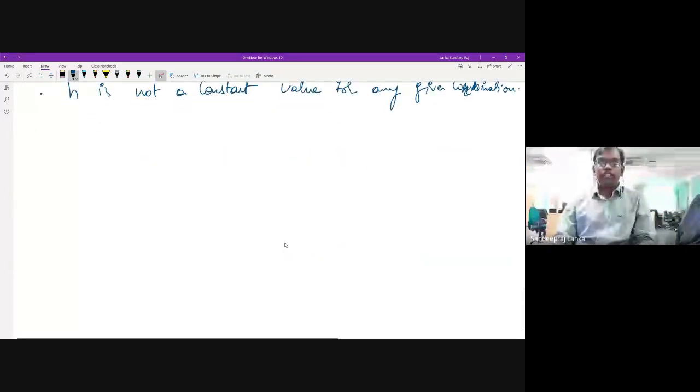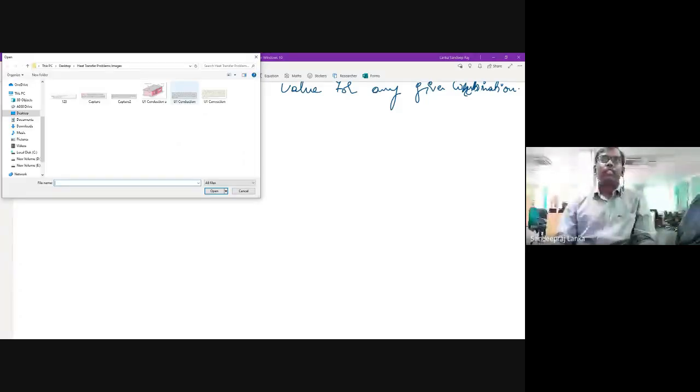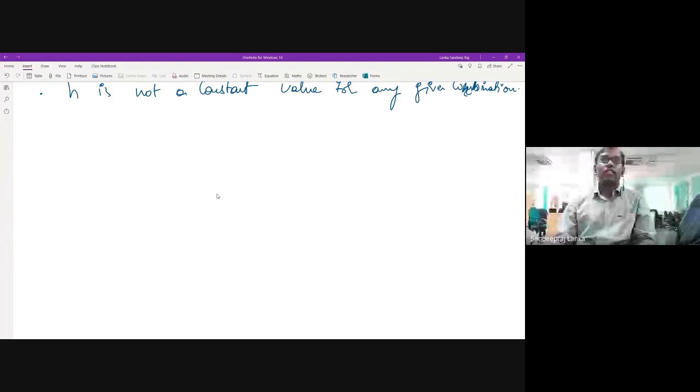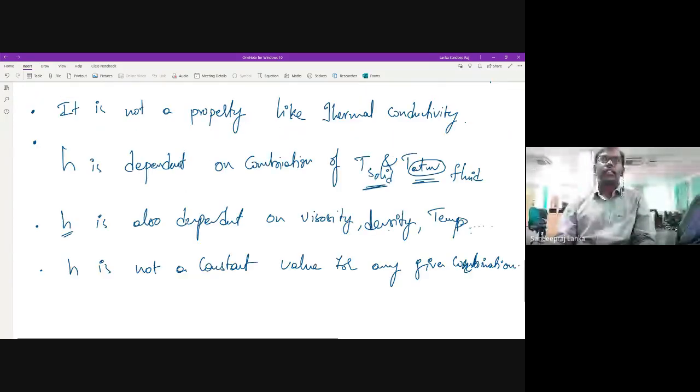So, moving on, let us solve a simple problem based on this convection case.